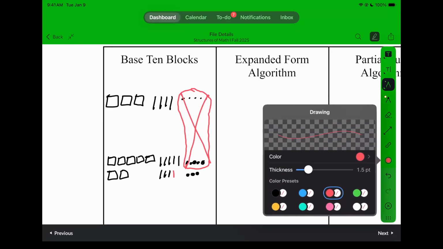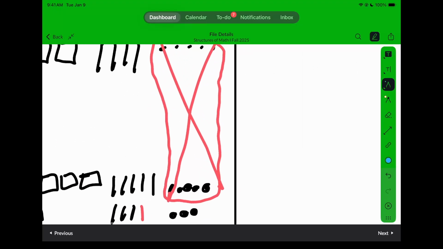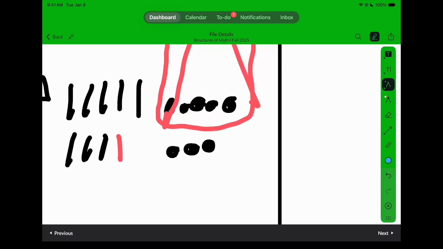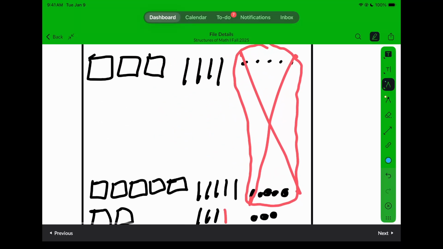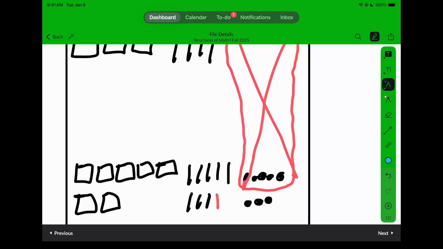Okay. Now we can move on to a different color because you want to see if you can make any more groups of 10, which we can't. We have 3 units left over. They're going to stay left over. Next, we're going to look at our longs. We have 4 up top, and we have 9 at the bottom.